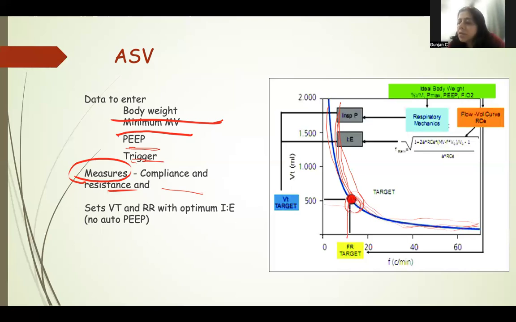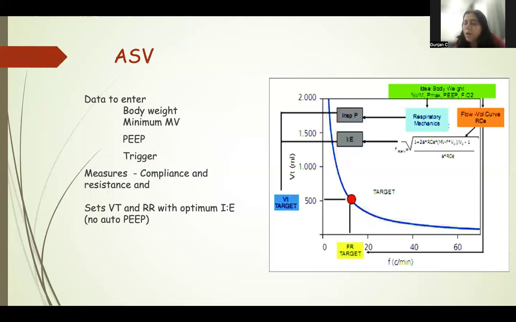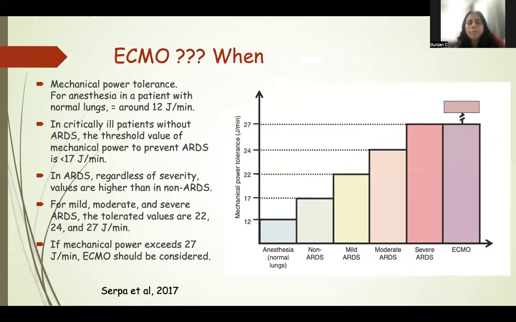And based on the resistance and compliance, it will decide to go up or down. The optimum minute ventilation that you have set will be delivered with the least amount of mechanical power. So this is one mode that can be thought of using if possible.